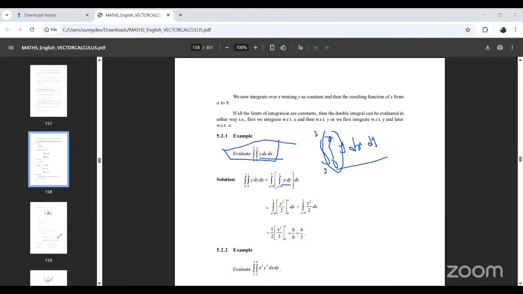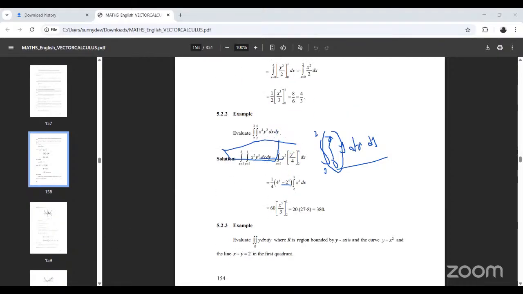Now let's see one more problem. Evaluate the integral with limits 2 to 3 and 2 to 4 of x squared y cube dx dy. Observe here: which are the x limits and which are the y limits?